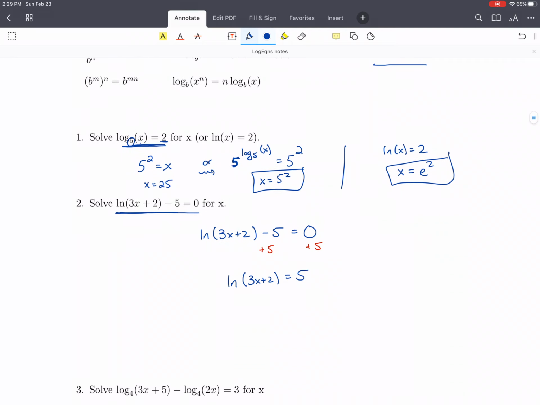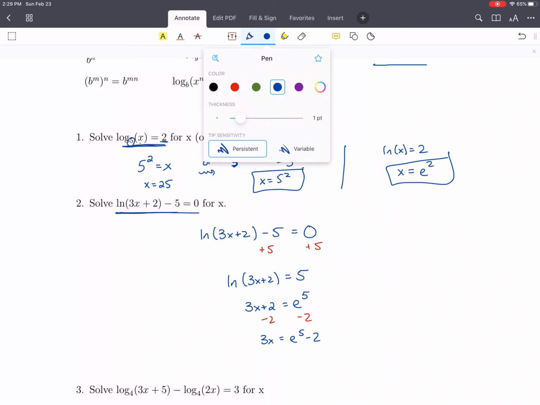And now I use the fact that natural log and e are inverse functions to say 3x plus 2 is e to the 5th. And now I can just solve for x like I'm used to. Subtract 2 from both sides. So you get 3x equals e to the 5th minus 2.